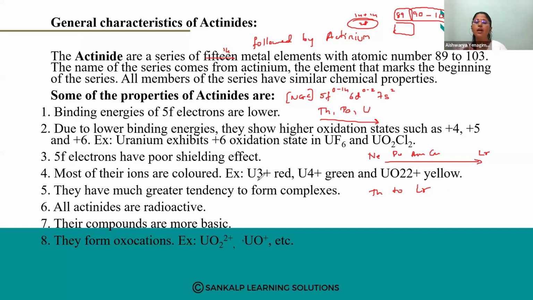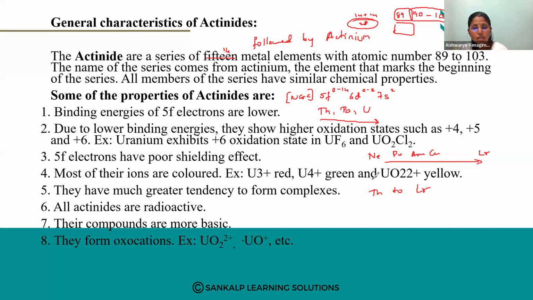To do so, they have to give out the extra energy they have taken. The transmitted energy at the corresponding wavelength is seen as light. Therefore they are colored. Here you can see some of the colors: uranium +3 is red, +4 is green, and +2 is yellow. So this is about the general properties of actinides.